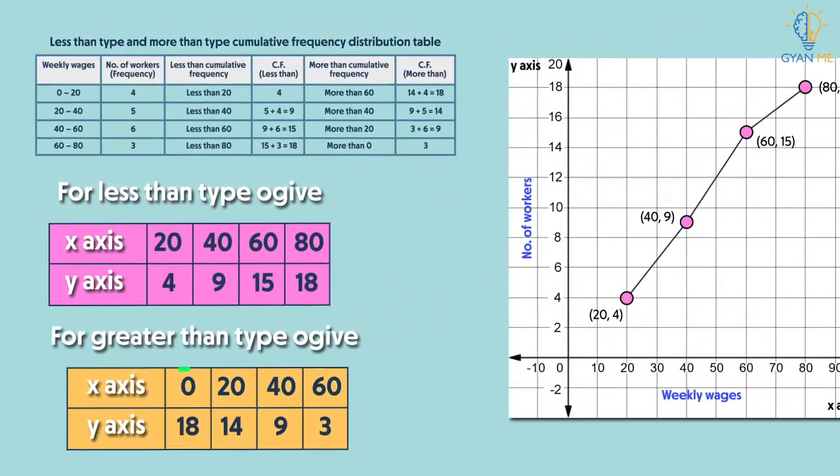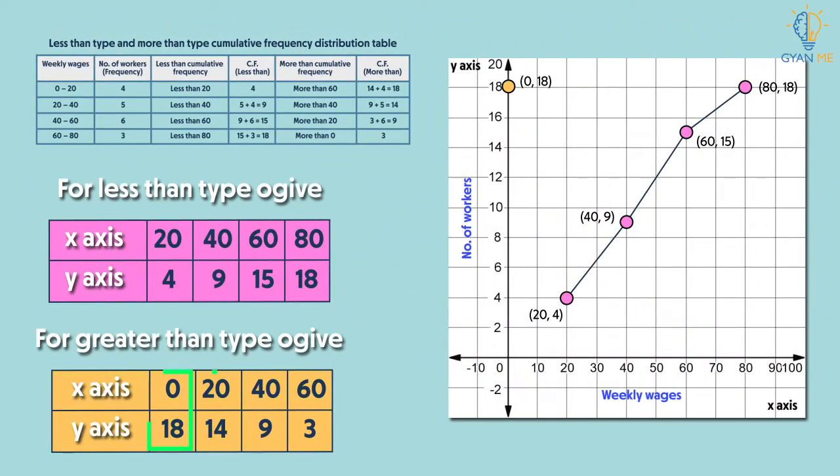That is, plot 0, 18, 20, 14, 40, 9 and 60, 3 on the same graph paper and then join them. This is the more than type ogive or more than type curve.